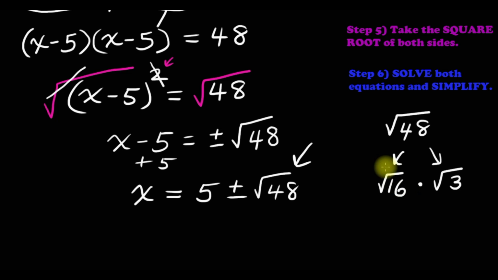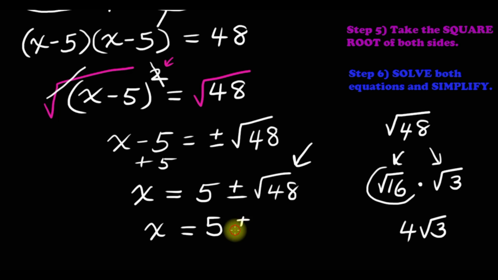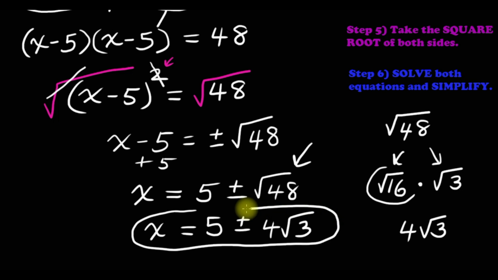So what is the square root of 16? Well, that is going to be 4, because 4 times 4 is 16. And then the square root of 3 cannot come out from the radical sign, so it stays inside. So the square root of 48 is the same thing as 4 square root of 3. So here is 4 square root of 3.